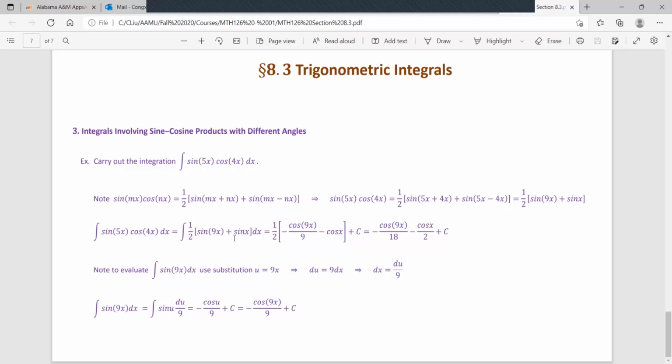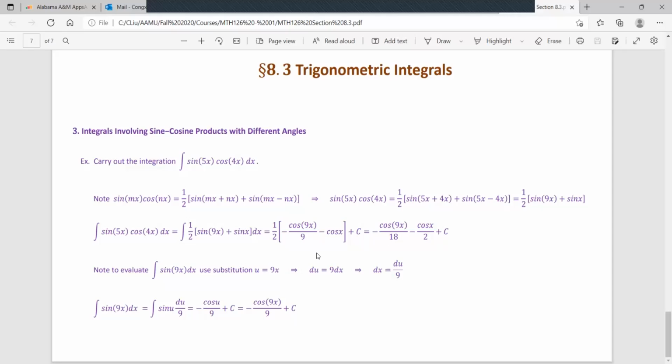And sine x just gives you negative cosine x when you integrate it. And then plus c. So at the end, you distribute 1/2 into the two terms in the first part to get negative cosine 9x over 18 minus cosine x over 2 plus c. So 2 times 9 is 18.